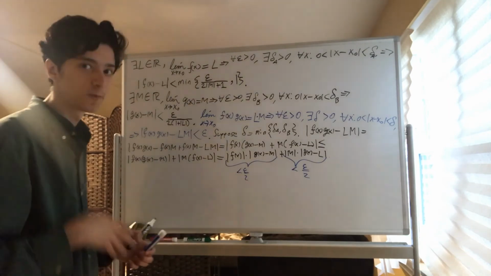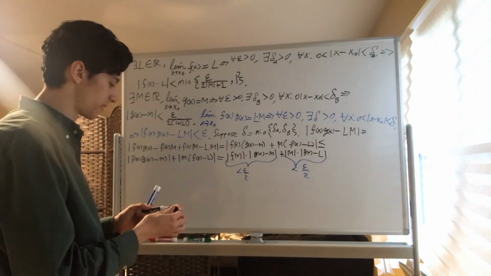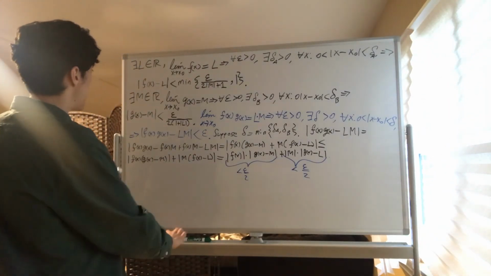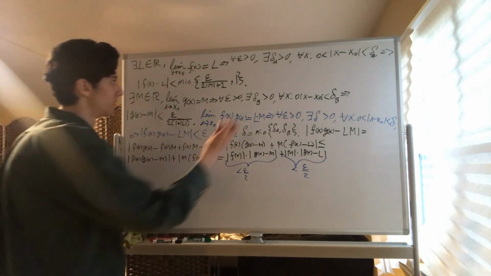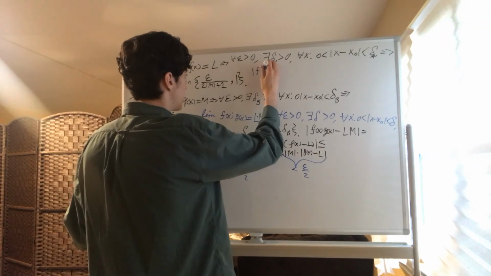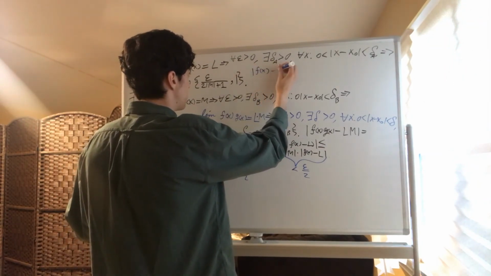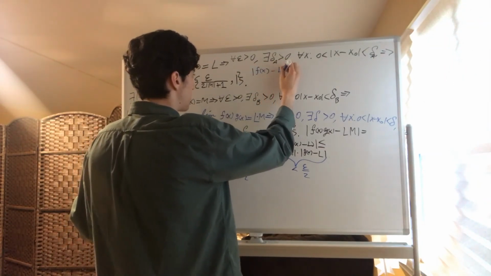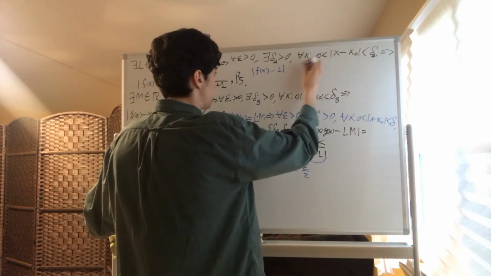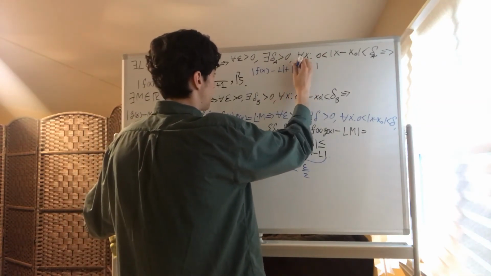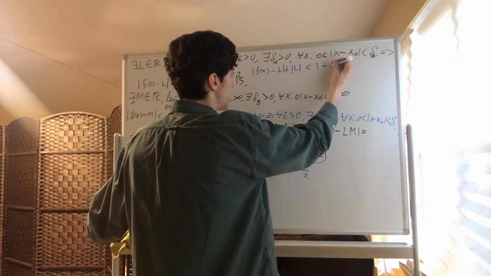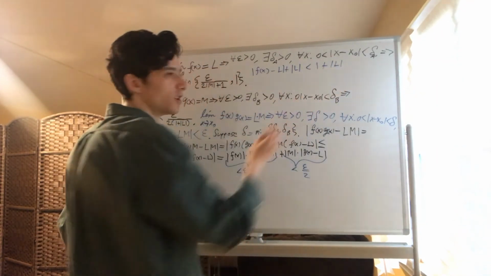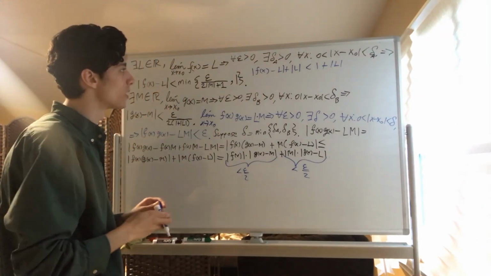So, first of all, we know that the distance between f of x and L is less than 1. So the absolute value of f of x minus L is less than 1. And so we can add the absolute value of L to both sides. Again, this is the same process that I did before.